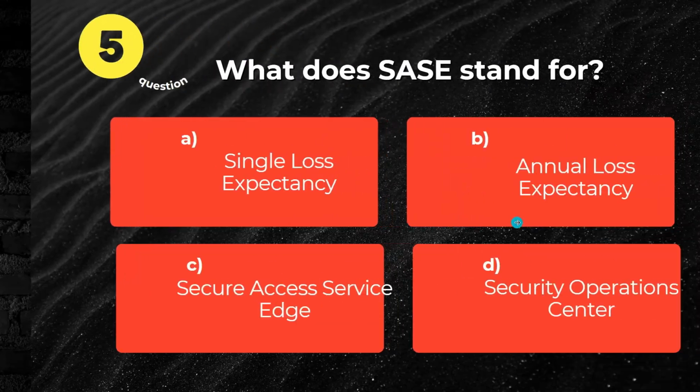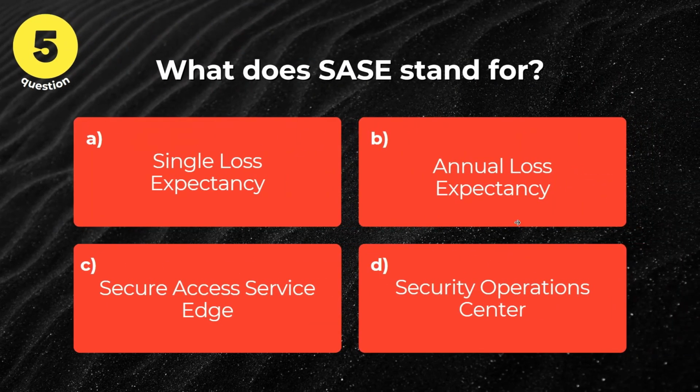Awesome. Number 5. What does CySA stand for? CySA, I mean, so many words. This one is a given, guys. You can see here the possible answers. A, single loss expectancy. B, annual loss expectancy. C, secure access service edge.